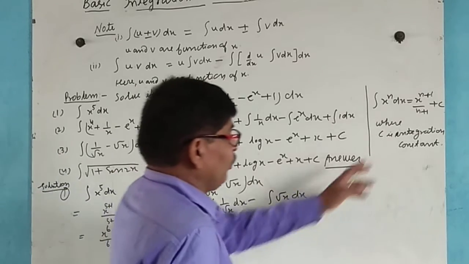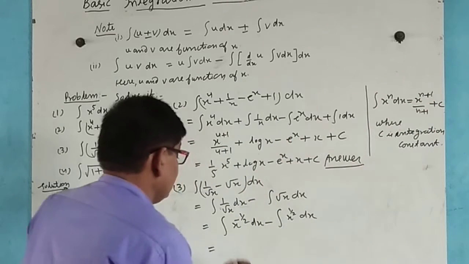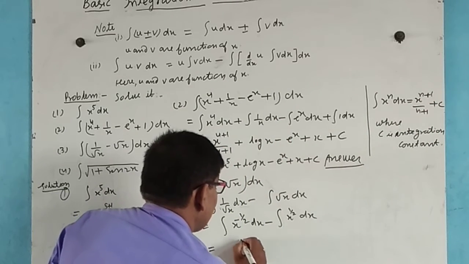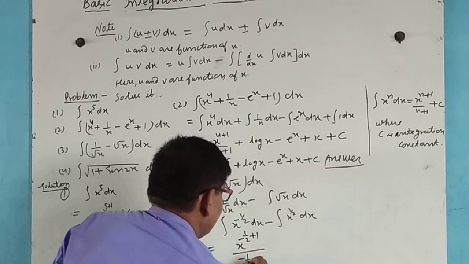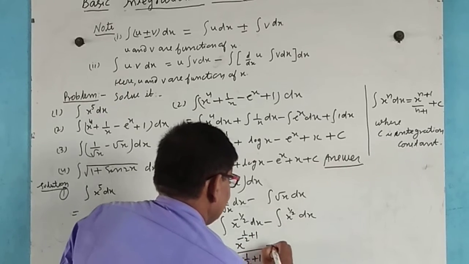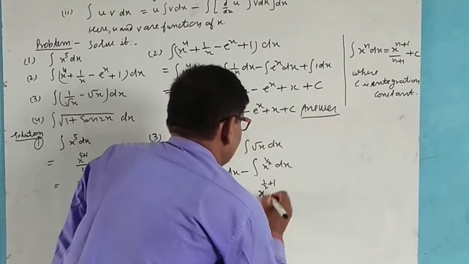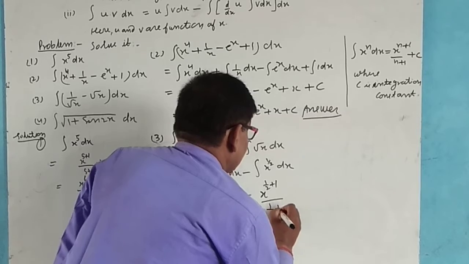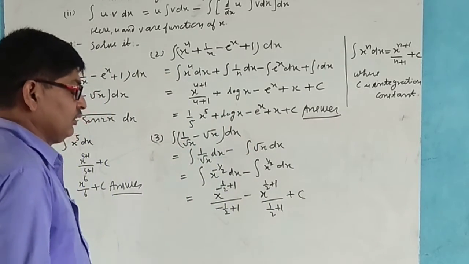With the help of the rule, x to the power n plus 1 divided by n plus 1, here we get x to the power minus half plus 1 divided by minus half plus 1, minus x to the power half plus 1 divided by half plus 1, plus integration constant c.